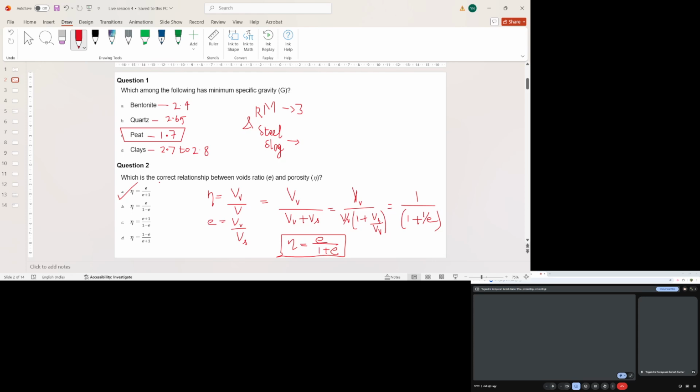But in soils, the term porosity has a disadvantage. So what is that? Once we change the volume of voids, and we know that the total volume is the summation of volume of solids plus volume of voids, right? So once we change this, the total volume is also going to change.